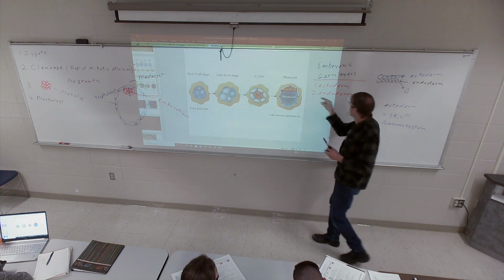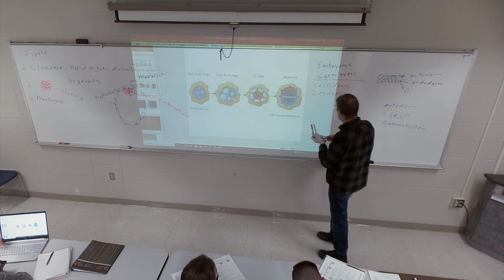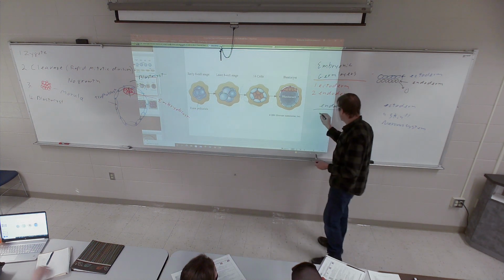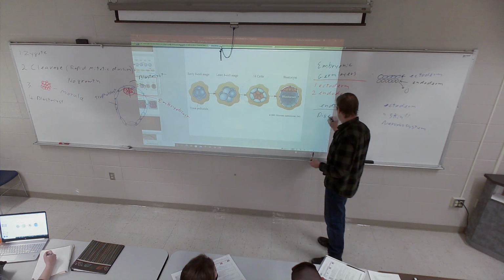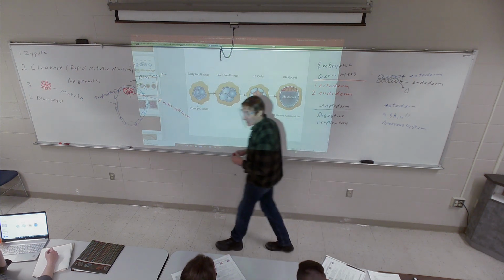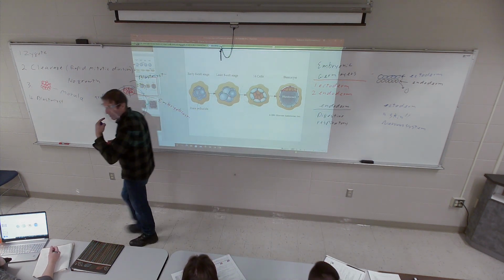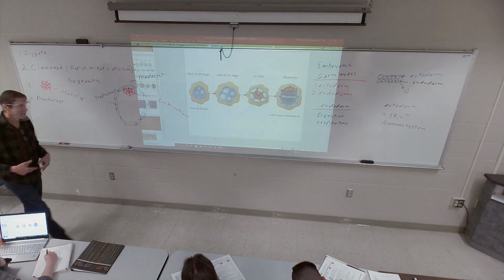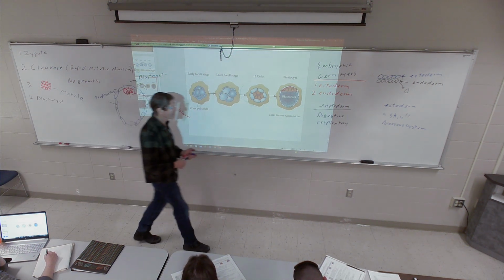If you pulled out some endodermal cells and did the same thing, again, you wouldn't get a whole embryo. What you would get with the endoderm is the digestive system, you know, the alimentary canal from your mouth to your anus, that big 30-foot tube, and the digestive organs, liver, pancreas, gallbladder, and so forth.